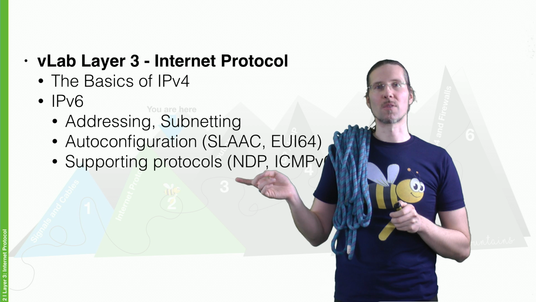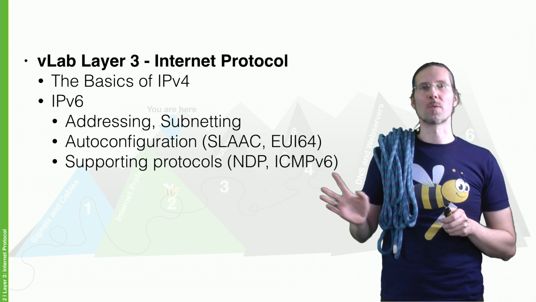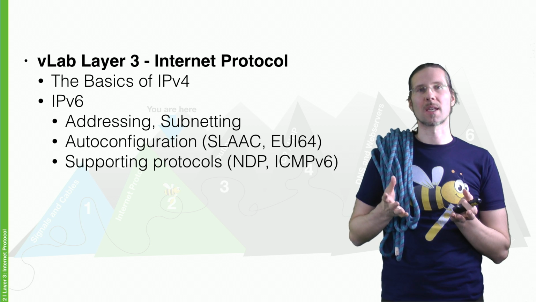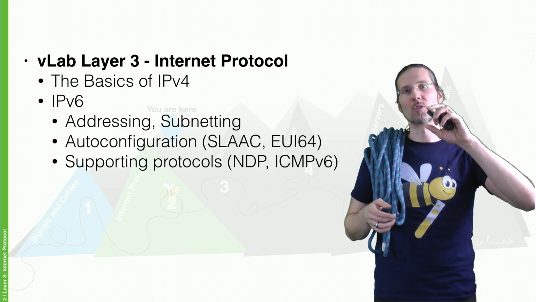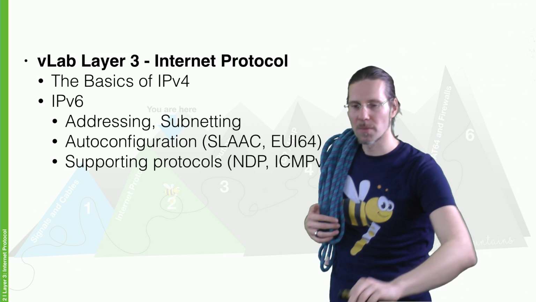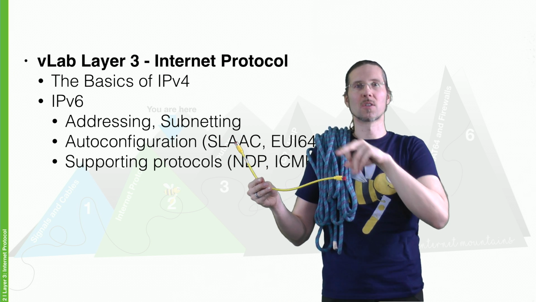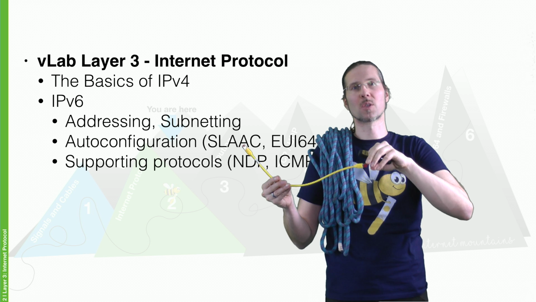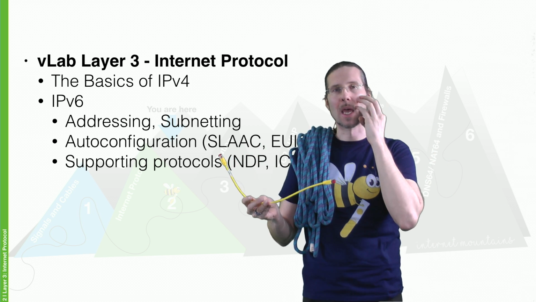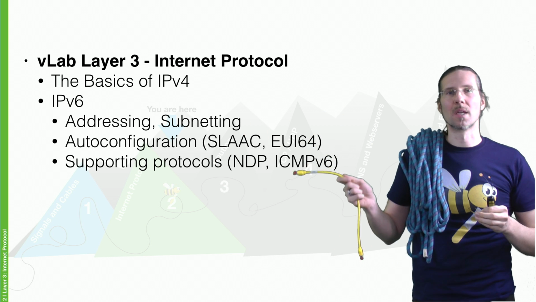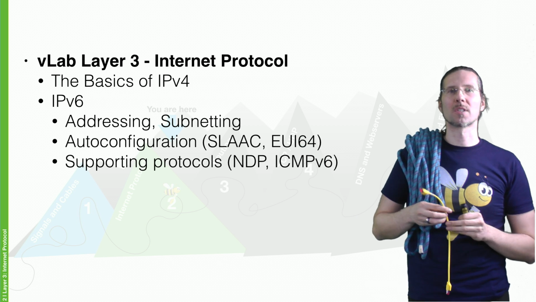We looked at different supporting protocols, namely the neighbor discovery protocol that is used on the one hand to find out if we have duplicate addresses, and on the other hand it's used to do the resolution between the layer 2 address that is still required for doing this one hop thing here. So we always have to find out the next layer 2 address of the next router to do the forwarding there. And at the same time, we use the NDP for that, and also for the duplicate address detection.